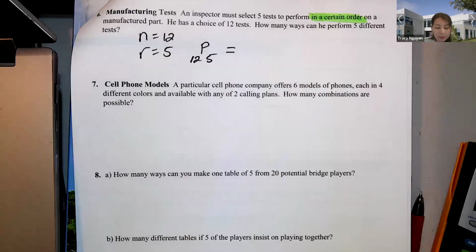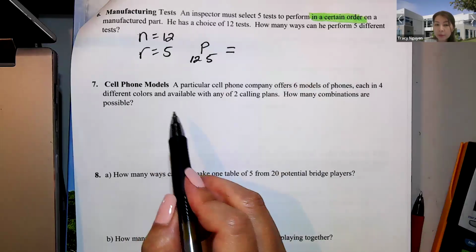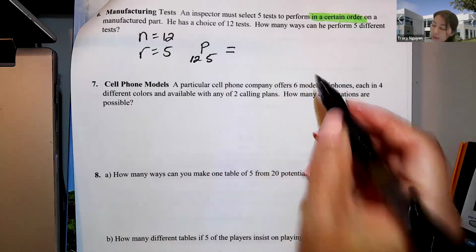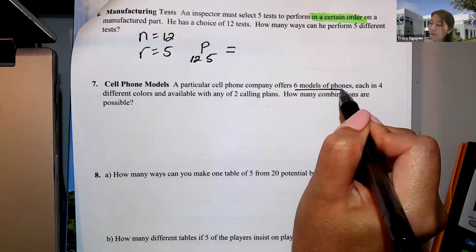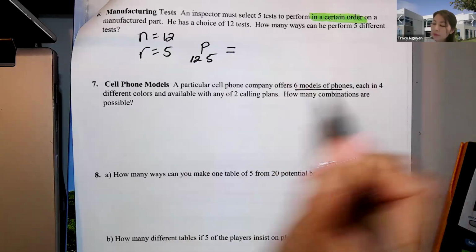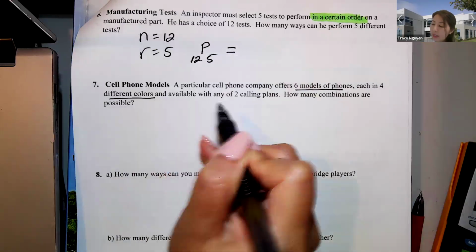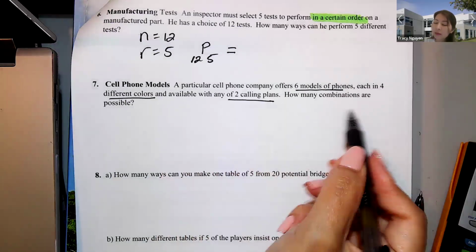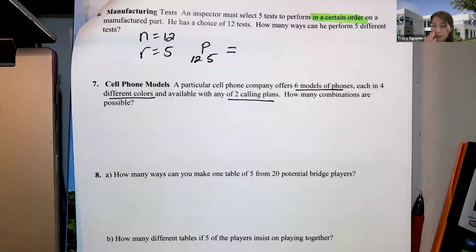Okay. Now, what we have here, this number 7 cell phone problem. A particular cell phone company offers 6 models, each in 4 different colors, okay? And available in 2 different calling plans, all right? How many combinations are possible? So we know the combination.